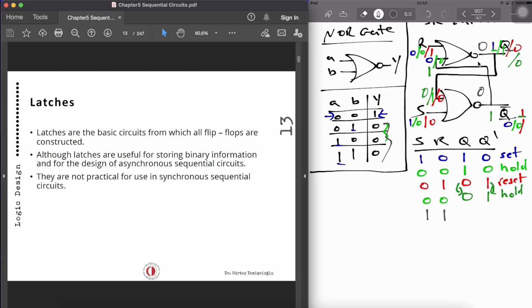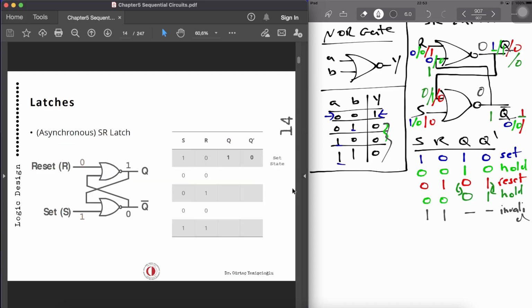So the inverse of something is not going to be equal to that thing. So this is not possible, and we can say that this is an invalid state. An invalid state is causing a problem in latches because you can get into that invalid state and it will hold there forever.